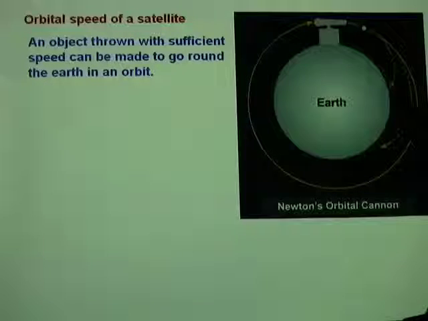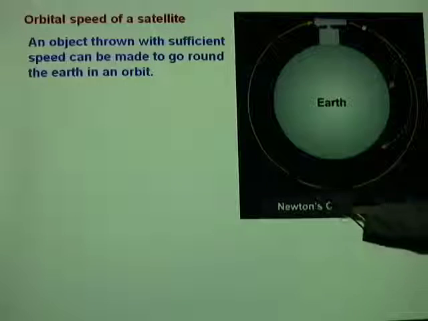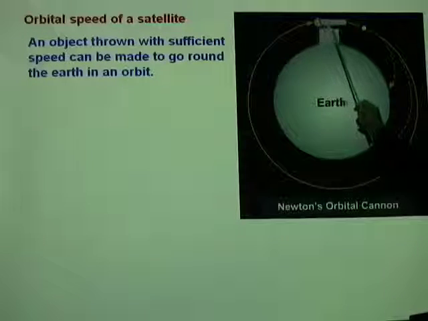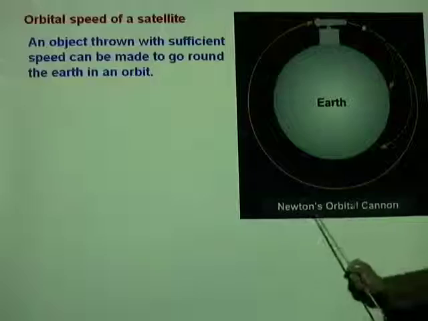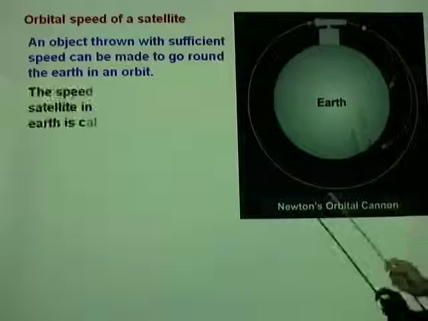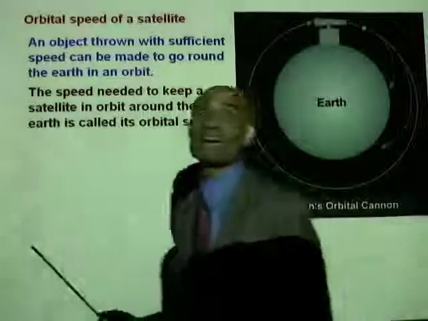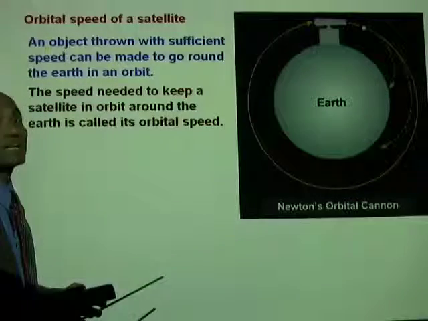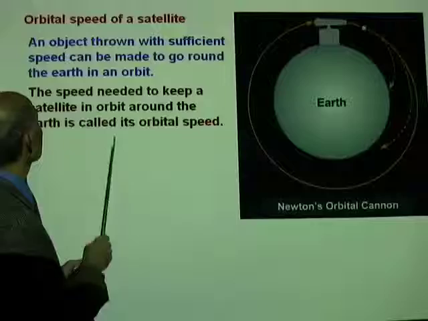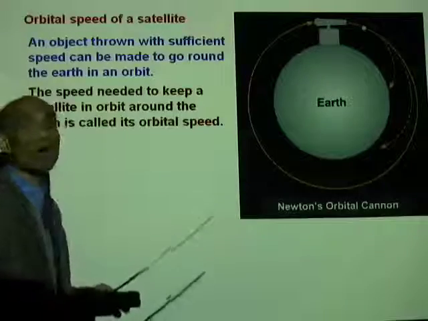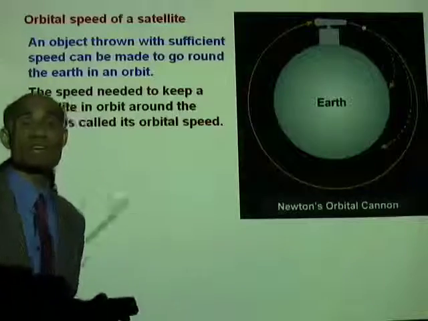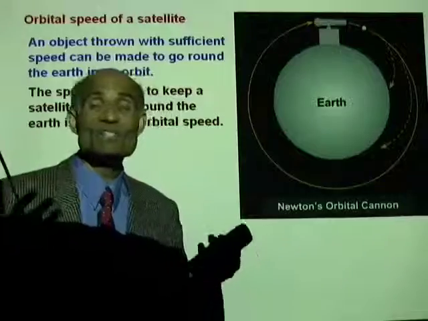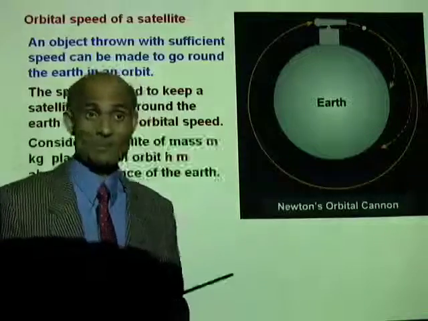But at a particular velocity, the fall of the ball and the fall of the Earth will be the same, and with that velocity the ball will keep going in an orbit. So the speed needed to keep a satellite in orbit around the Earth is called its orbital speed. And you know how important these concepts are for space travel.